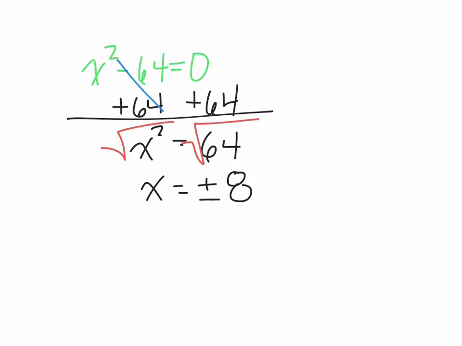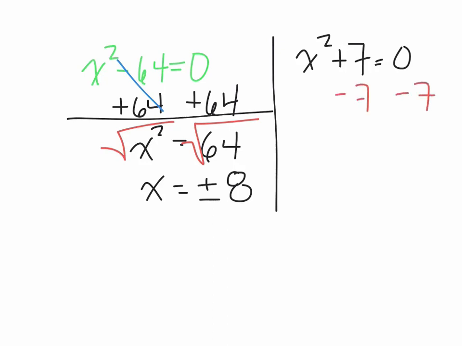Fantastic. So the next example we can do is x squared plus 7 equals 0. I subtract 7 and I subtract 7 from this side. Those two 7's cancel out. I have x squared equals negative 7 next.